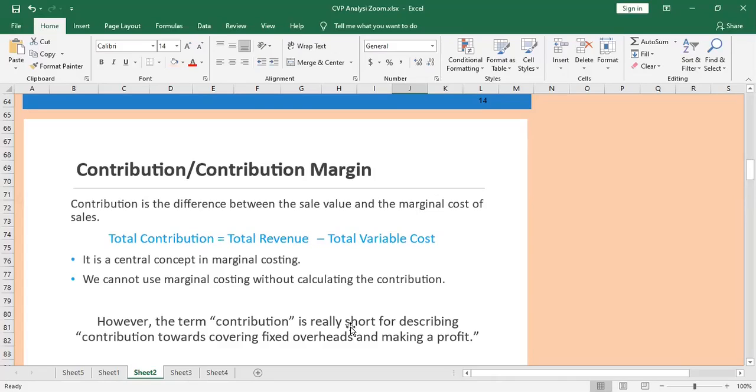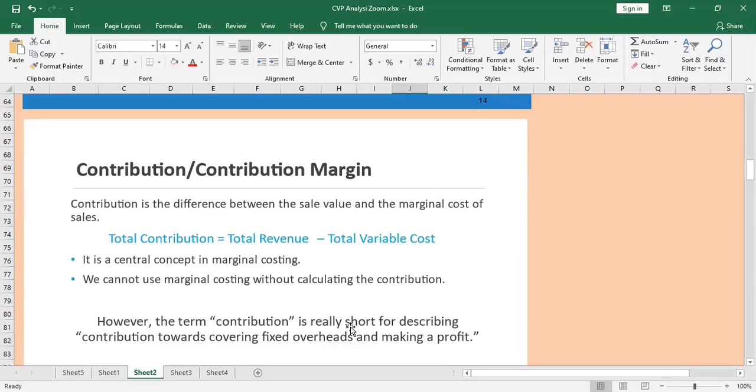So we normally make decisions based on the contribution, not on the profit. You will understand why when we move ahead with this analysis. Now, if you look at the term closely, the term contribution is describing the contribution towards covering the fixed cost. Total cost is equal to fixed cost plus variable cost, and you have sales revenue.